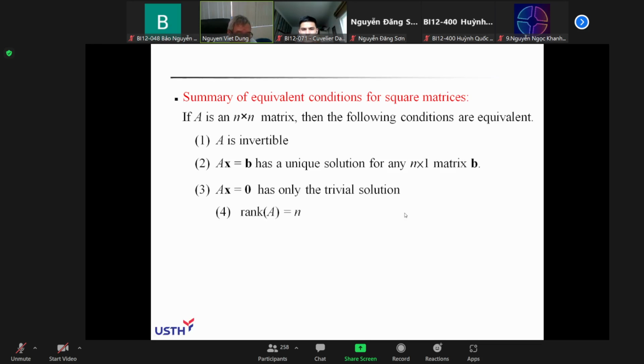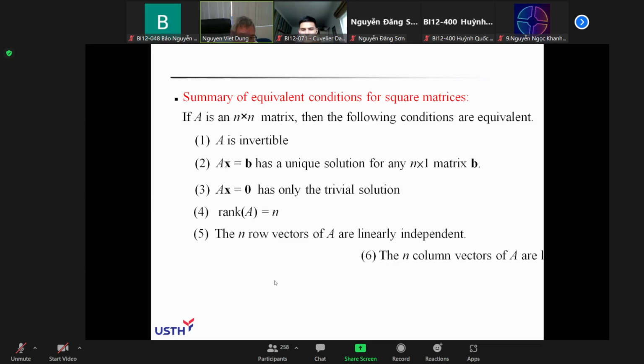The fourth claim says that the rank of A equals n. The fifth claim says that the n row vectors of A are linearly independent. And the sixth claim says that the n column vectors of A are linearly independent.